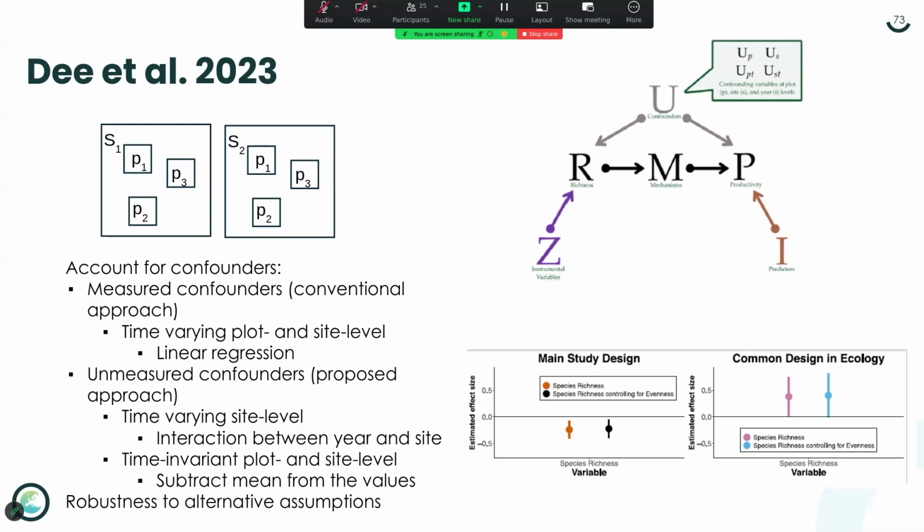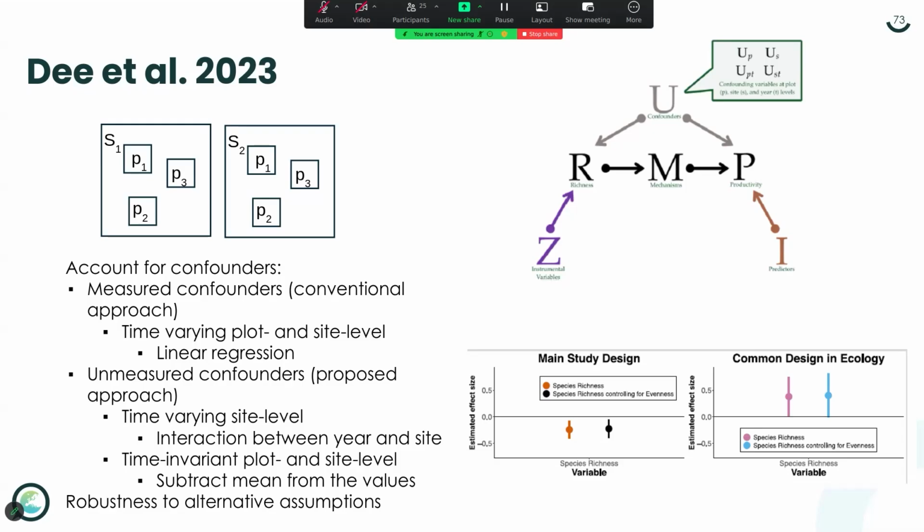There can be soil texture or some other variables, and there they take advantage of the hierarchy of the sampling design, so that they account, for example, for time varying site level and time invariant plot and site level.